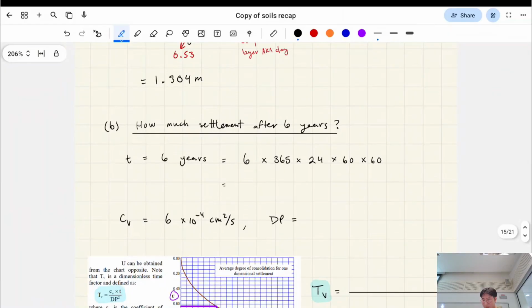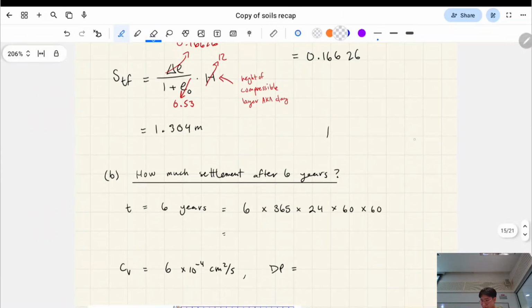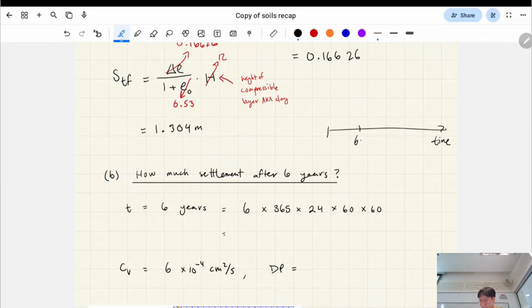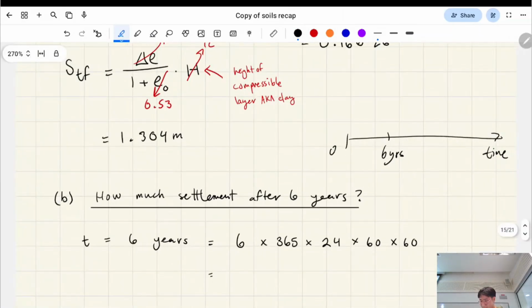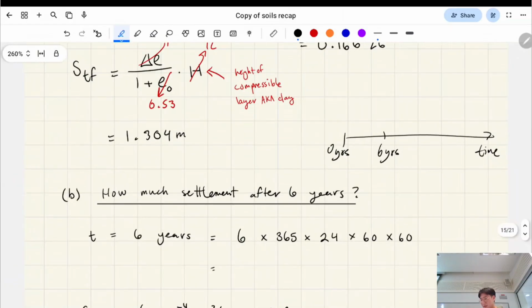Okay, cool. So now the question's asking for part B, how much would it settle after 6 years, right? So let's do a little timeline. Essentially, this is our total final settlement, and we calculated that to be 1.304 meters.